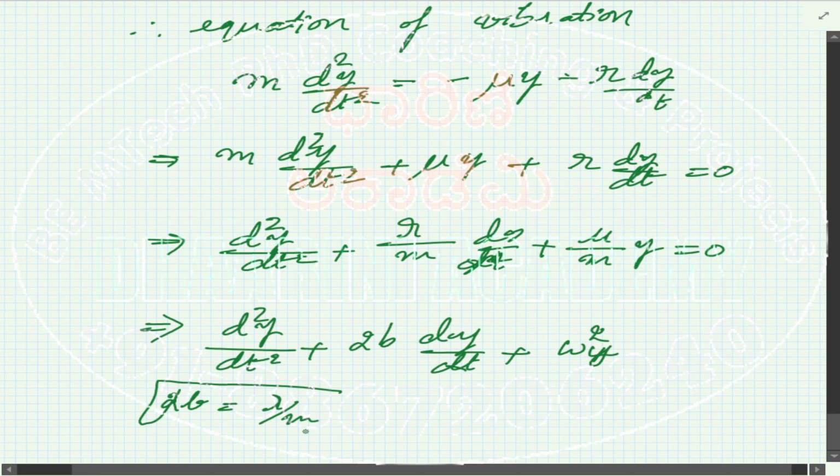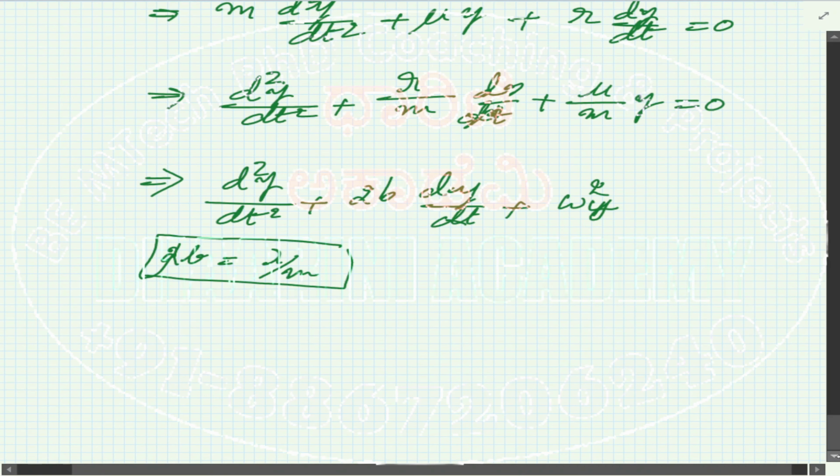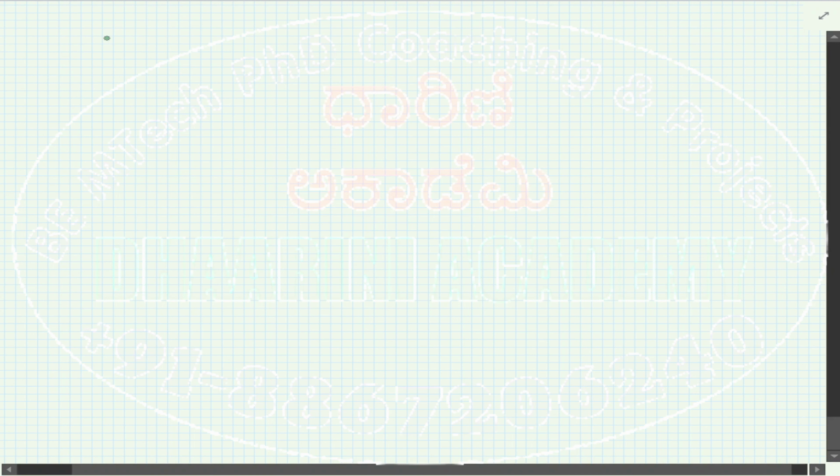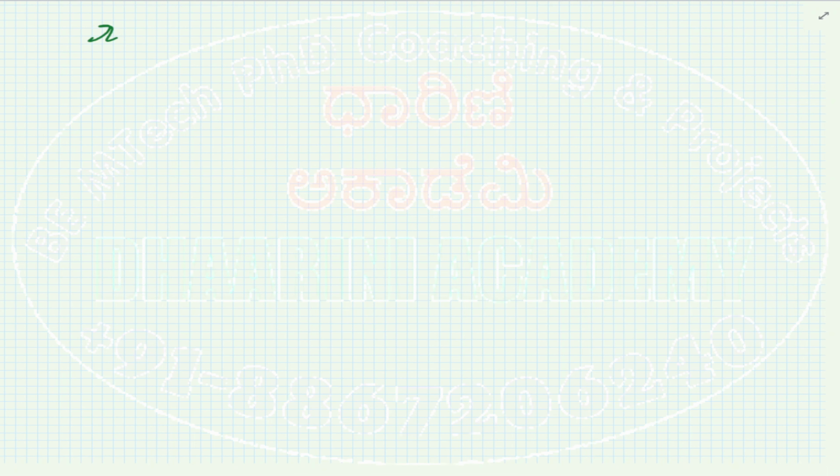So we always remember this equation, and mu by m is nothing but omega square. Now we have to assume different conditions. The first condition: we have the equation given over here, so we try to assume the answer.